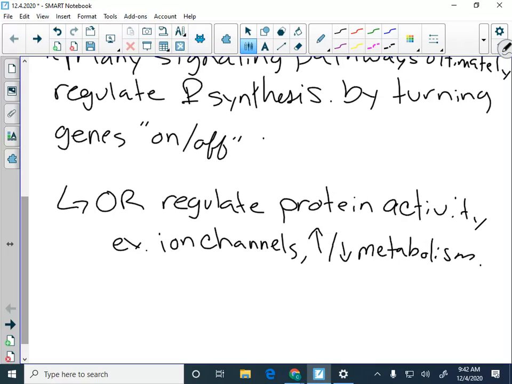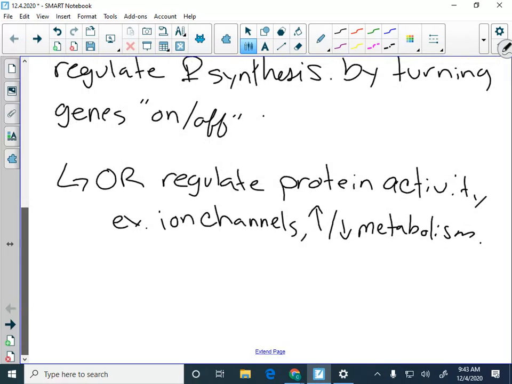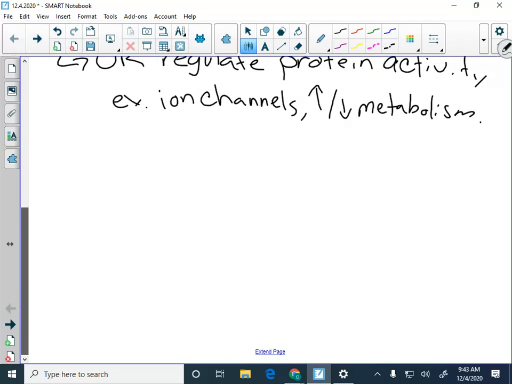So, let's see. How do I want to bridge this gap? A cell response. The entire point of cell signaling is to regulate what the cell does. But in order to regulate what the cell does, we have to regulate how the signals are received.